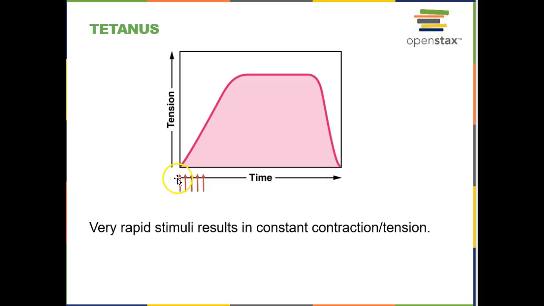If you put sequential drops of acetylcholine on the muscle, one right after another, such that the muscle never relaxes at all, and you keep it almost completely depolarized the whole time, with a stable amount of high levels of calcium in the cytoplasm, you get something that looks like this.